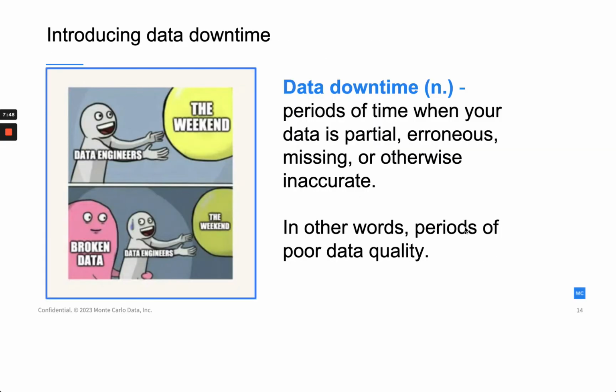What does that mean? We know it's not good, but what does data quality really manifest as? We can better picture and frame this if we think about it as data downtime. Downtime refers to periods of time when data is partial, erroneous, missing, or otherwise inaccurate. In other words, periods of poor data quality.